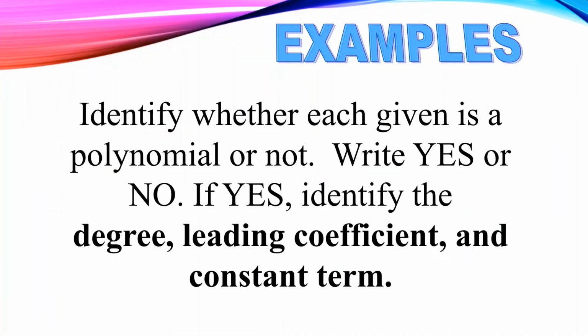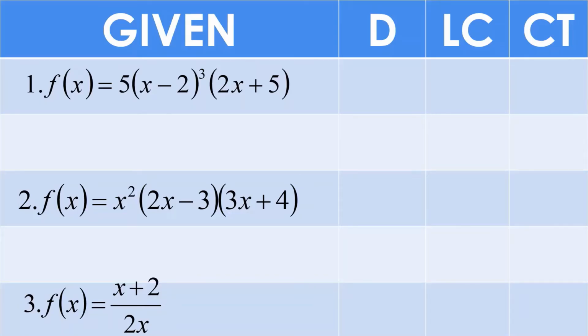Let's have more examples, but this time we're not just going to identify whether it is a polynomial or not, but we're going to find the degree, the leading coefficient, and the constant term of each polynomial. Example number 1, f of x is equal to 5 times x minus 2 to the third power times 2x plus 5. This is a polynomial, so it's a yes. Now for the degree, simply look at the terms with x and multiply.